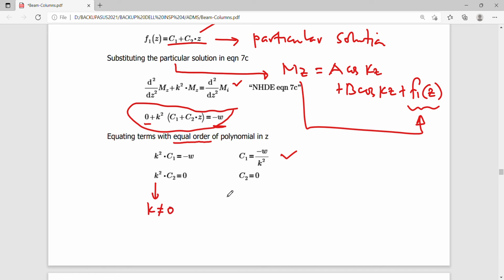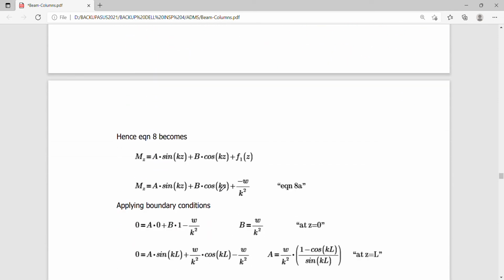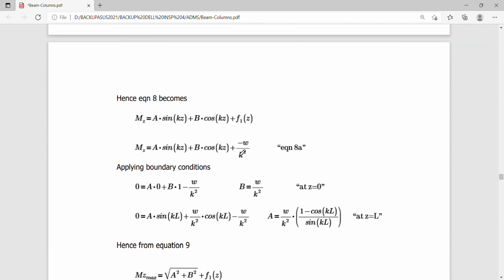Okay, so C1 has a value, but C2 has no value, so we can reduce the equation to a simpler form, adding only the particular solution. So this is now your particular solution. Again, we have not yet included the homogeneous solution or the complementary solution.